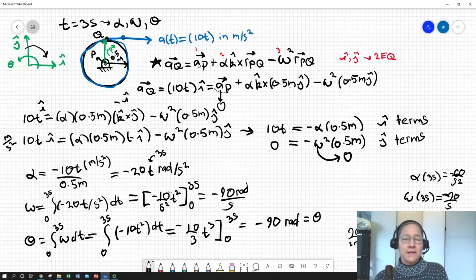So we can relate acceleration of any 2 points and relate those to the whole body's angular acceleration and angular velocity. Because we've got planar motion, we automatically have 2 equations in one. We're going to have our i hat and j hat expressions coming out of this. So we give ourselves 2 equations.